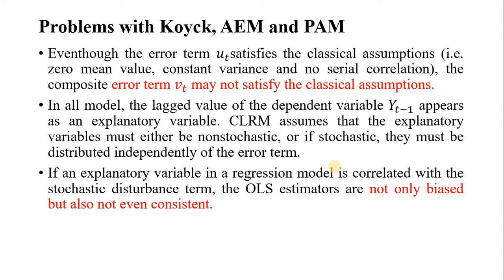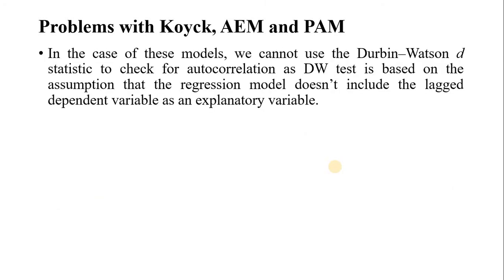This is the issue with the Koyck adaptive expectation model as well as the partial adjustment model. Then the third problem. Okay, the third problem is what?